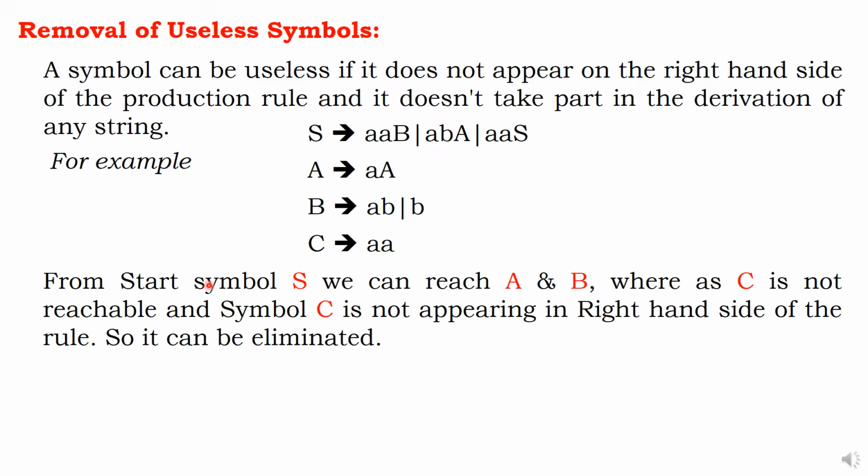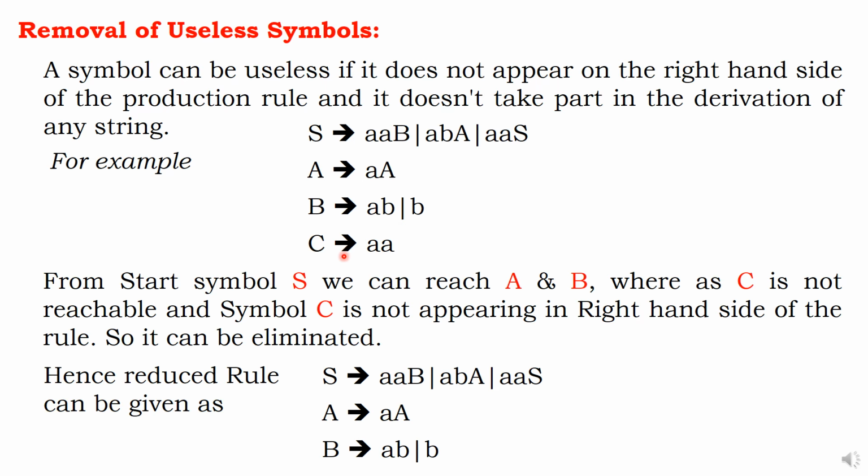From the start symbol S, we can reach A and we can reach B, whereas C is not reachable from S, and the symbol C does not appear in the right hand side, so it can be eliminated. Hence, the reduced context-free grammar after eliminating C is given like this.